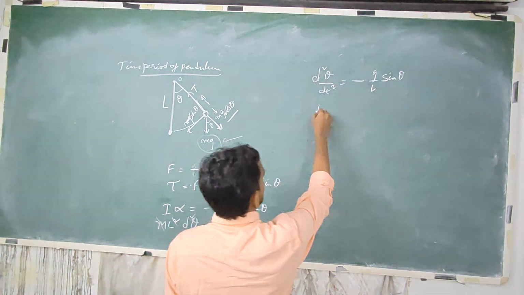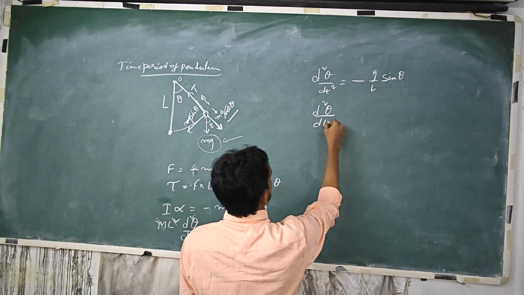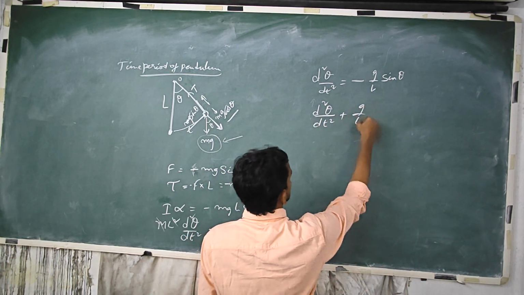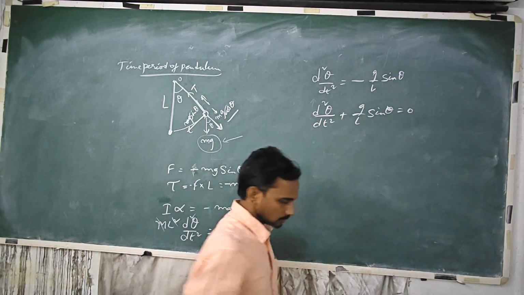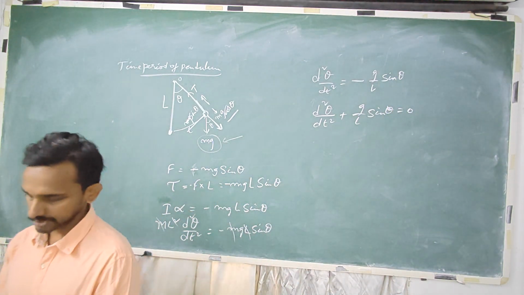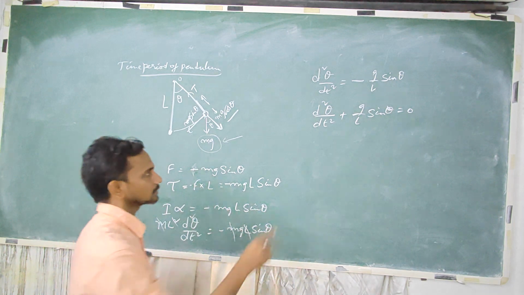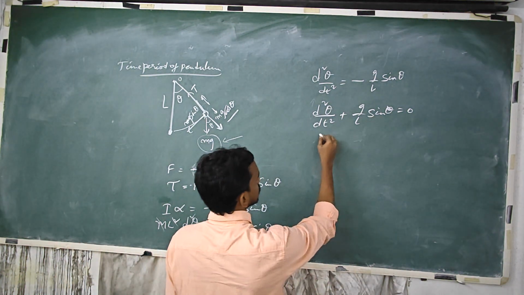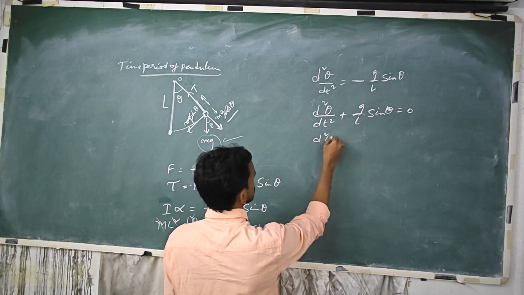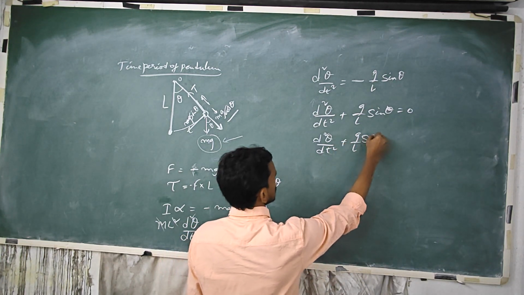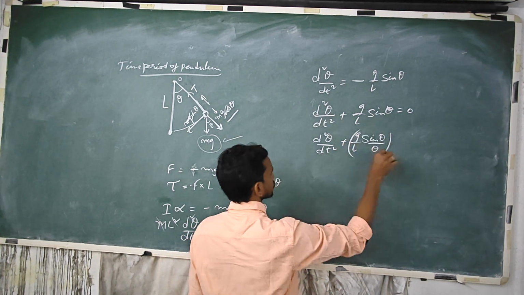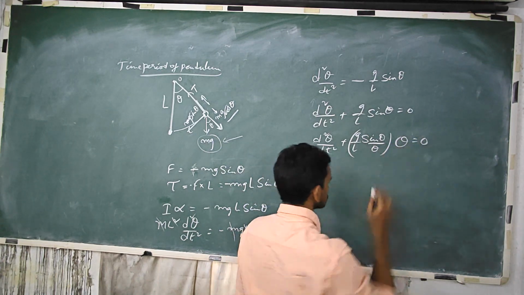So if you write it, d square theta by dt square plus g by l sin theta is equal to 0. To write this in terms of a standard differential equation, multiplying with theta and dividing with theta, it is d square theta by dt square plus g by l sin theta by theta into theta is equal to 0.